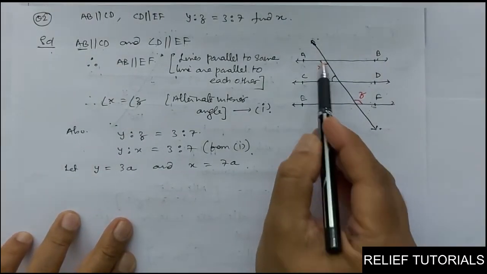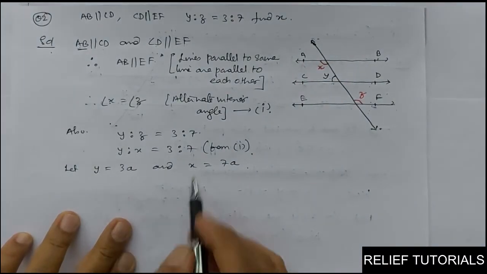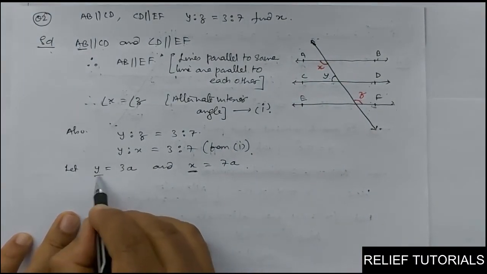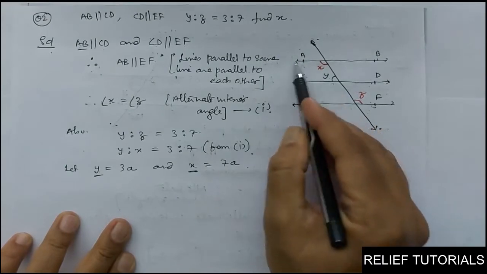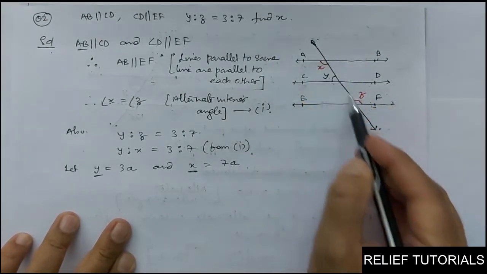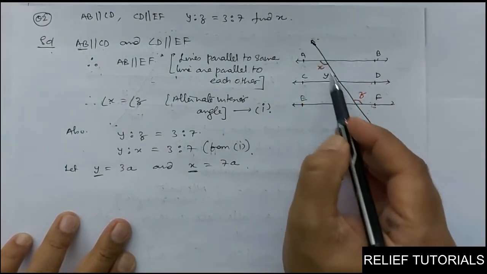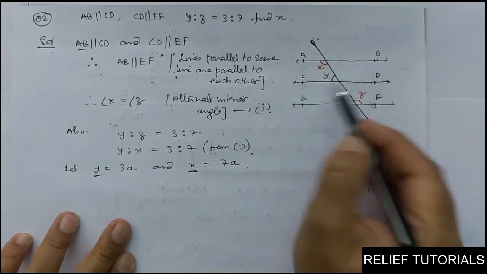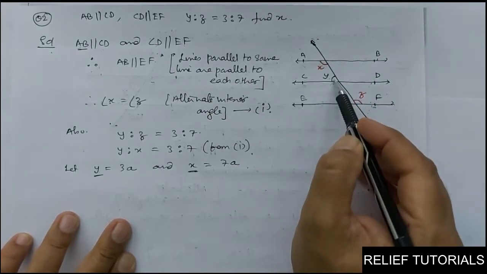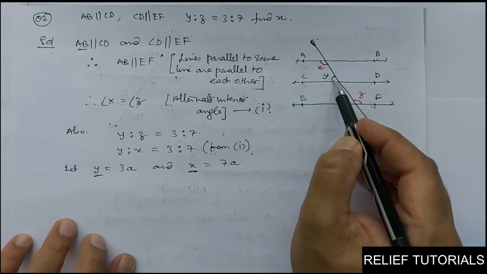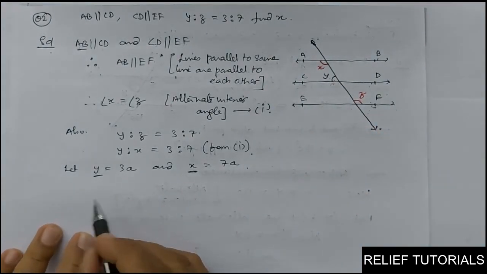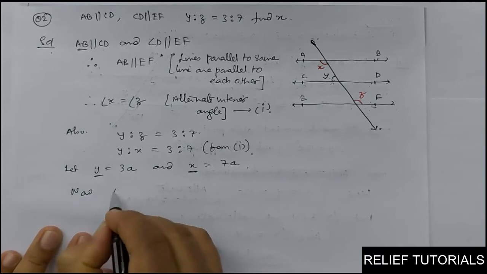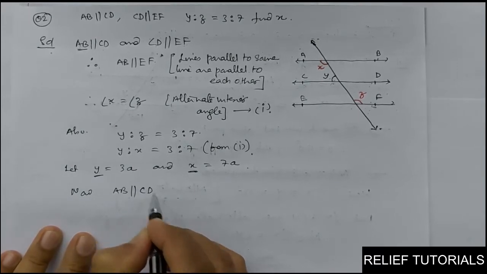Now you look at these two angles, X and Y. We have the value of X and Y. Now look at the two angles. AB is parallel to CD and this is a transversal. So these two angles are interior angles on the same side of the transversal and the lines are parallel. So interior angles on the same side of the transversal are supplementary.